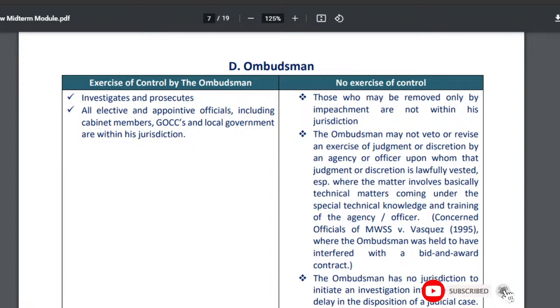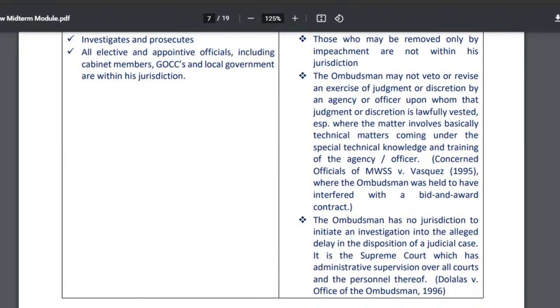So the Ombudsman has no jurisdiction to initiate investigation into an alleged delay. For example, if you are the complainant and you file a case before the sala of a particular judge, and there was delay in deciding the case, you might think of filing a case against the judge for the delay before the Office of the Ombudsman.